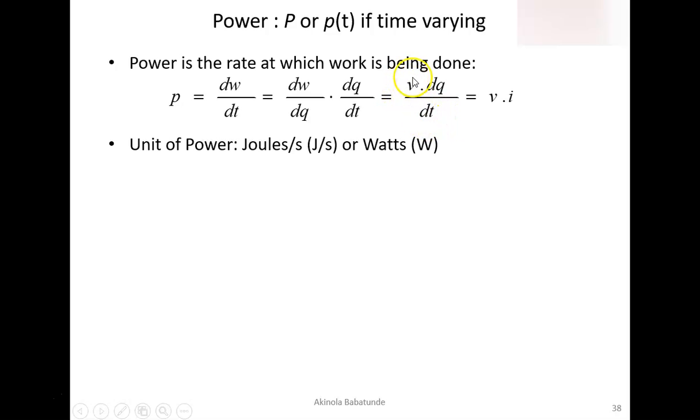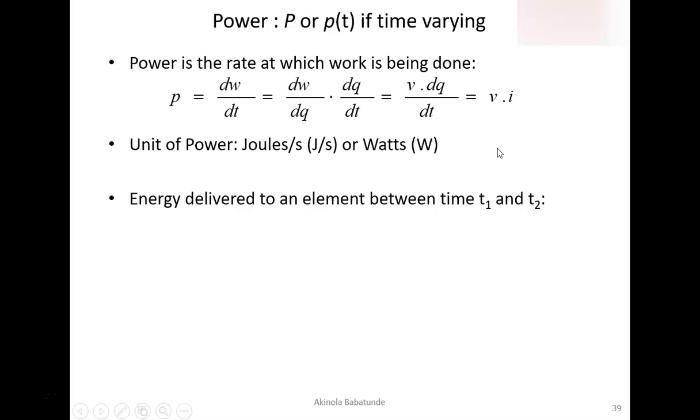Where is this v coming from? Don't forget, we said our voltage is dW dq. We also said our current is dq dt. So you can represent dW dq with v, represent dq dt with i, and then your power will eventually be equal to v multiplied by i. Power will be equal to vi at the end of the day, which is voltage multiplied by current.